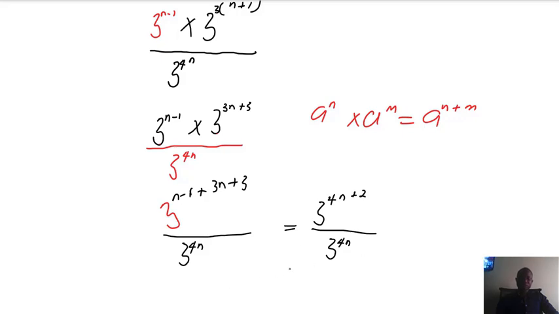So this will also give us 3 exponent 4n plus 2, all divided by 3 exponent 4n.